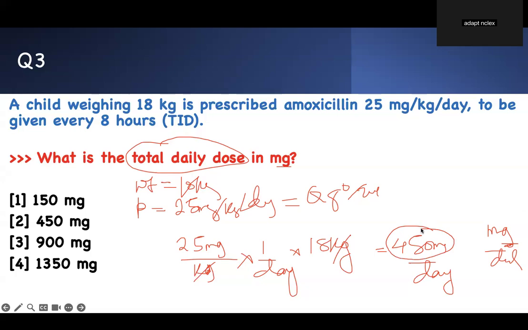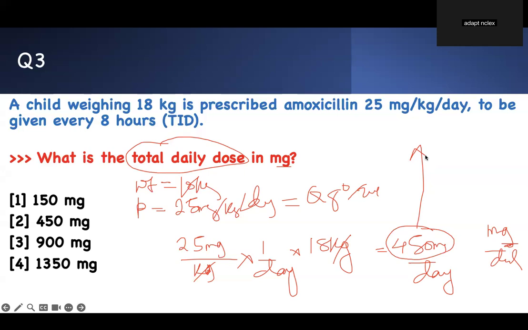It's not telling you how much the patient is getting per dose. Therefore, this is your answer. You're not going to change it. If you change it, you're going to get into trouble. If you multiply it by anything, you're going to get into trouble. The right answer is 450. You should not do anything to that.